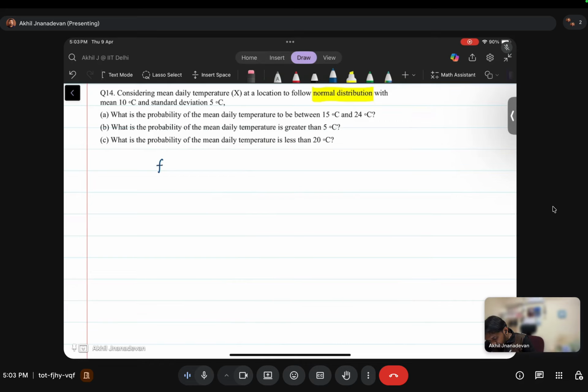We define the PDF using f of x, which is defined by 1 by sigma root 2 pi, e raised to minus 1 by 2 into x minus mu by sigma the whole square, where x ranges from minus infinity to plus infinity. So this is how we define a normal distribution.